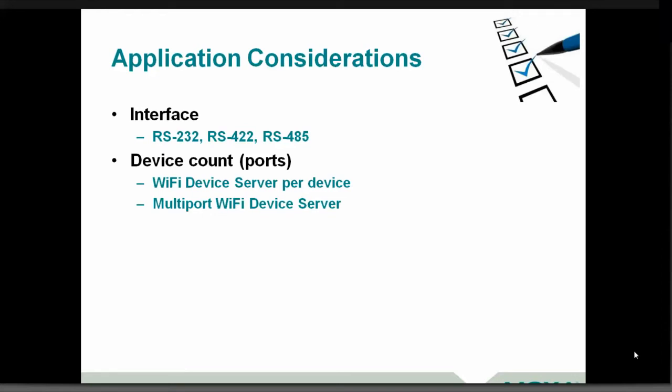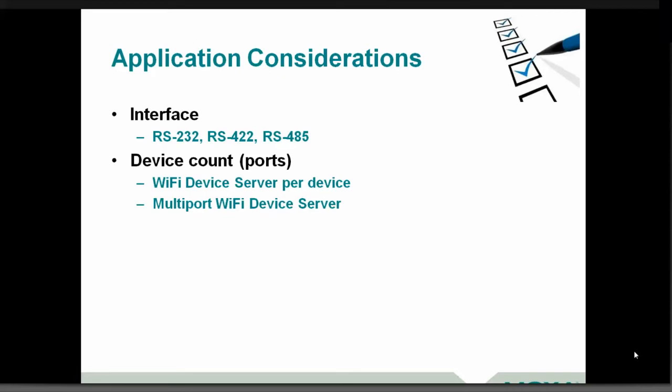Oftentimes, a lot of the hardware that's commercially available out there in the marketplace is available to do all three protocols or all hardware connection types. How many ports are you connecting? Are you going to put one Wi-Fi device server next to each one of those assets? So one per scale, one per CNC machine. Or might you want to put multiple devices out there?